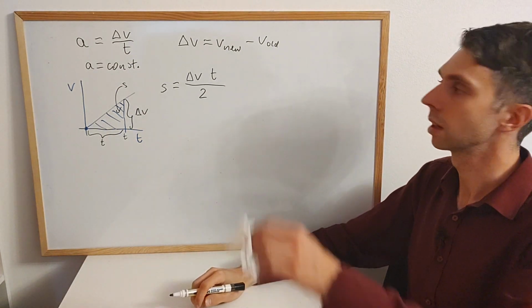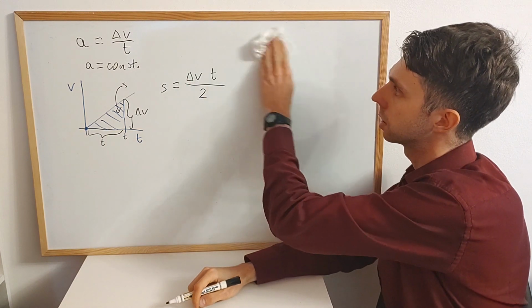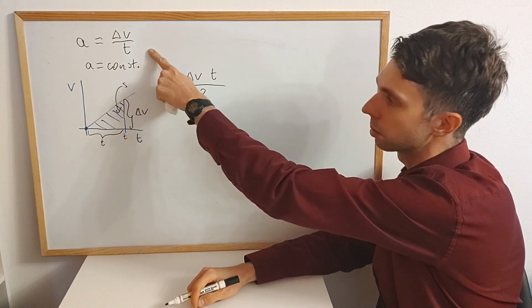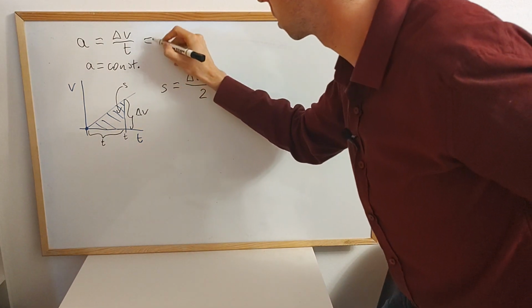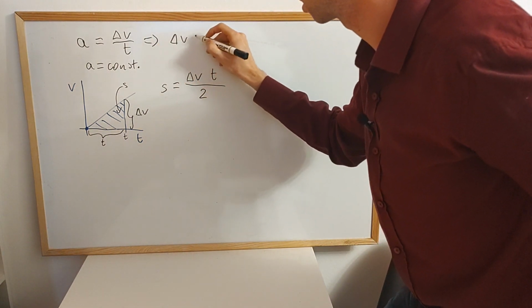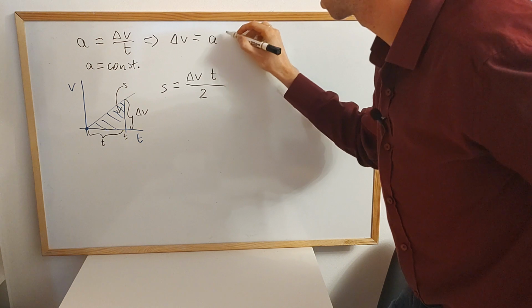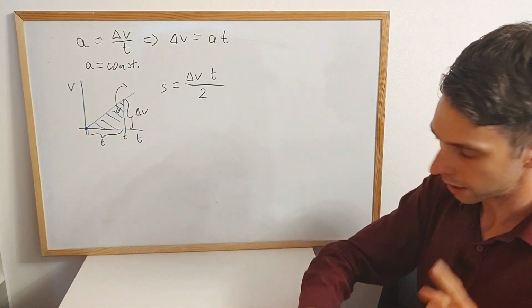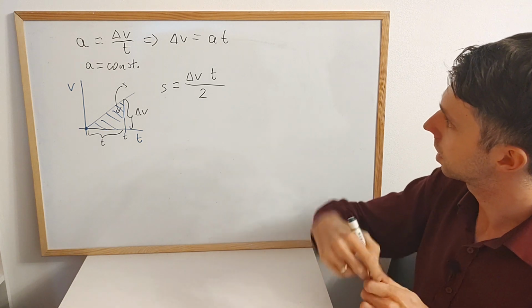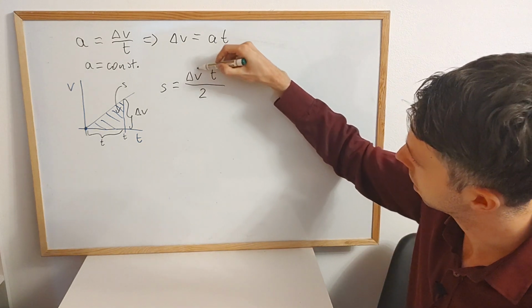And now look, if you rearrange this equation, you get that change in speed, delta v, is acceleration multiplied by time. And let's plug it in here.